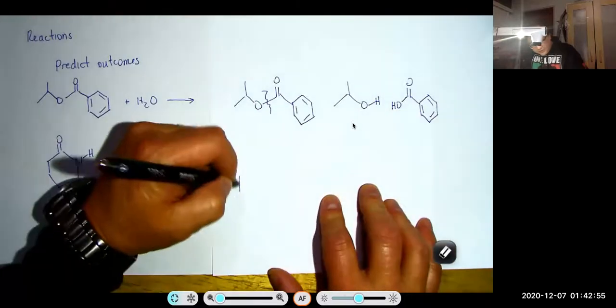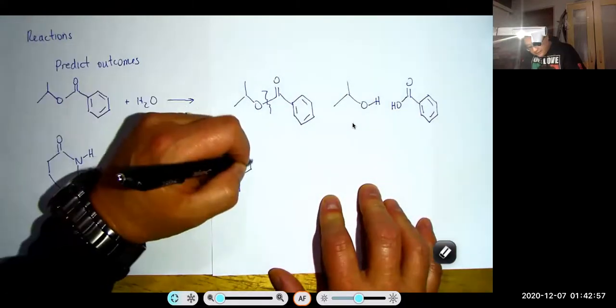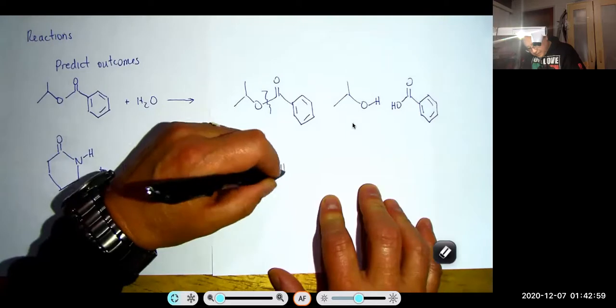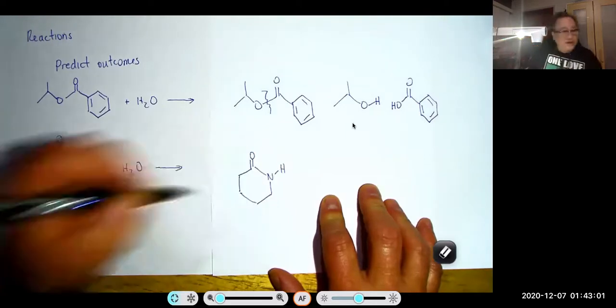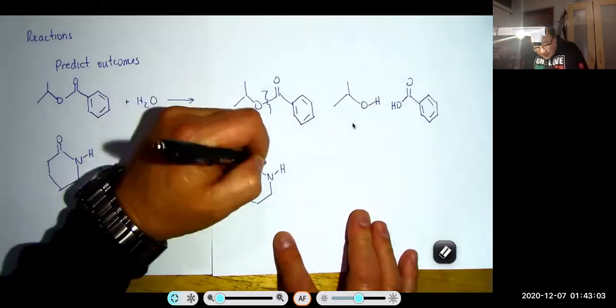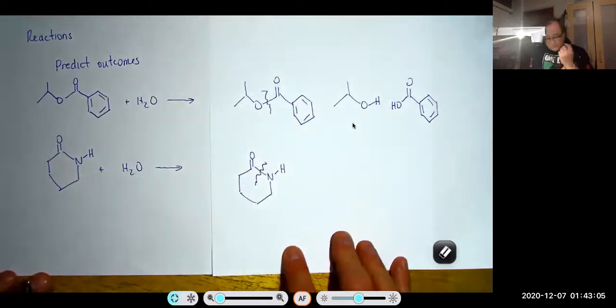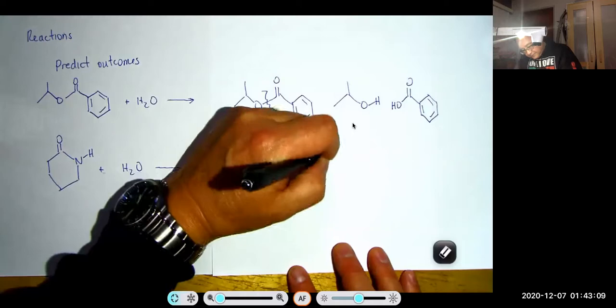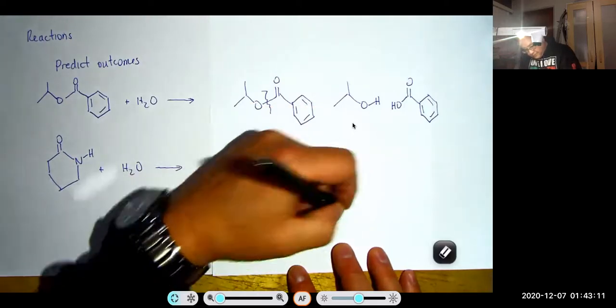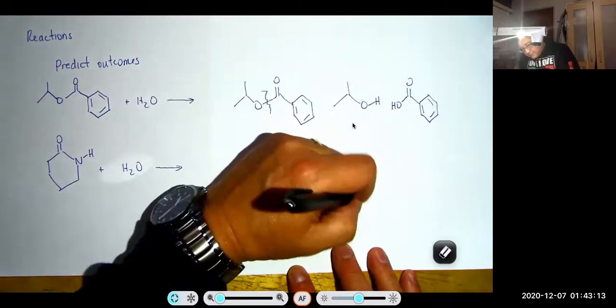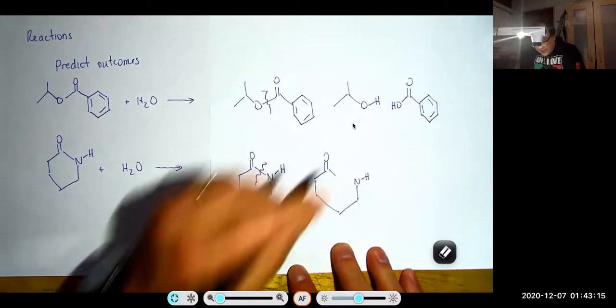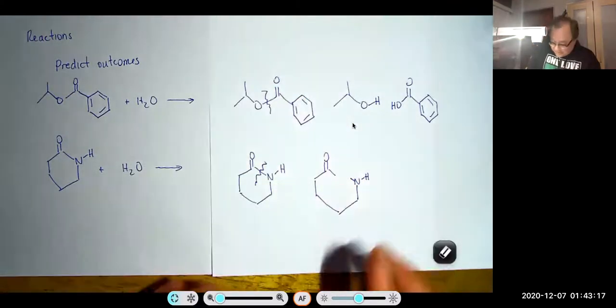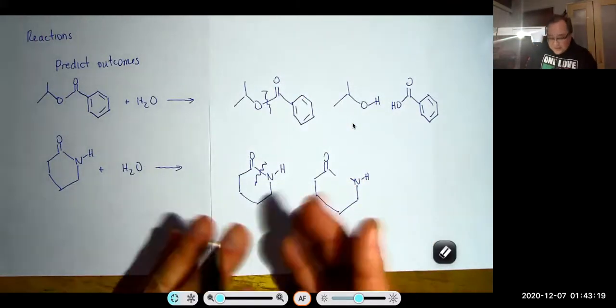So this one becomes even more interesting. Where does this break, between the carbonyl and the nitrogen? You'll notice that I made this a little different so that I could separate the things.